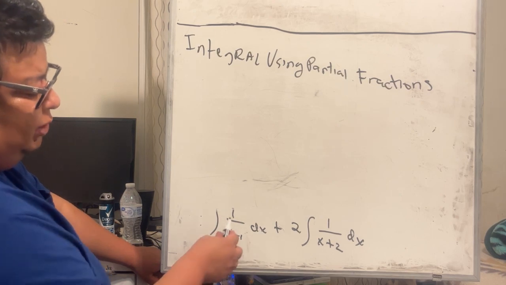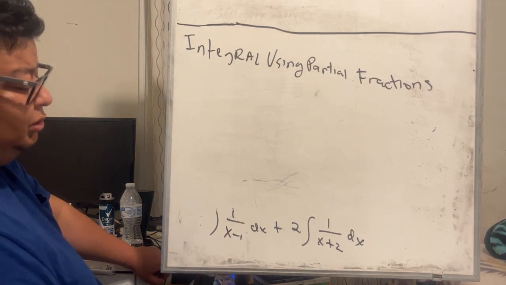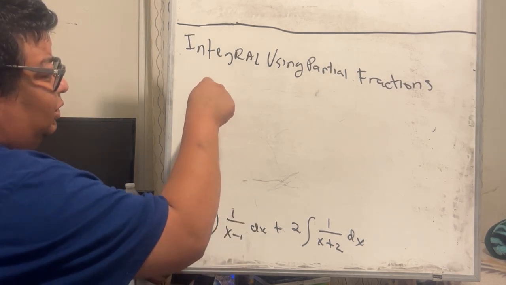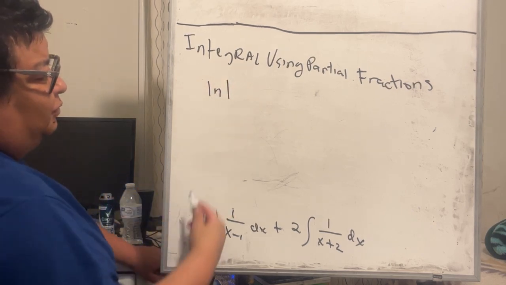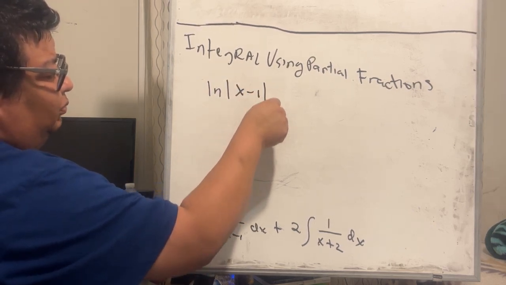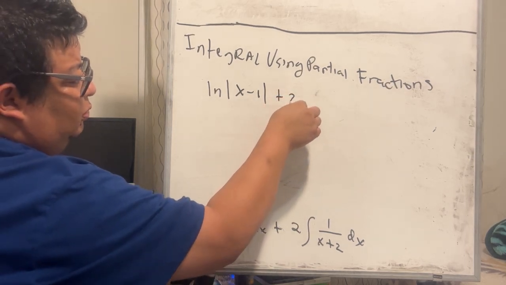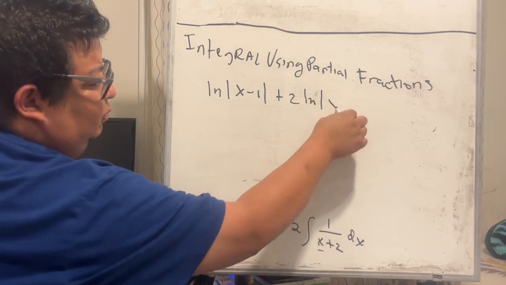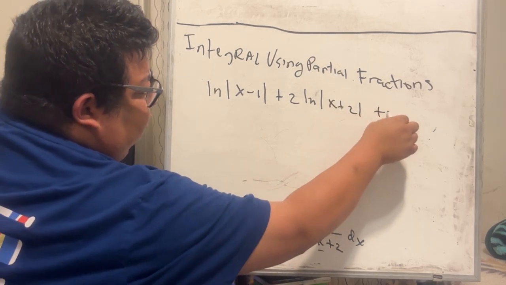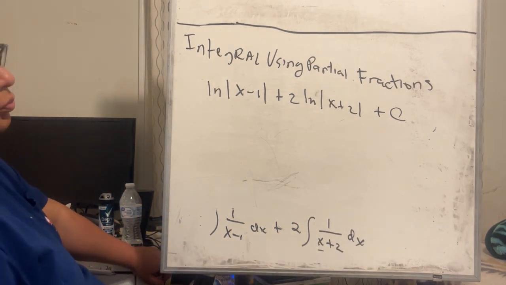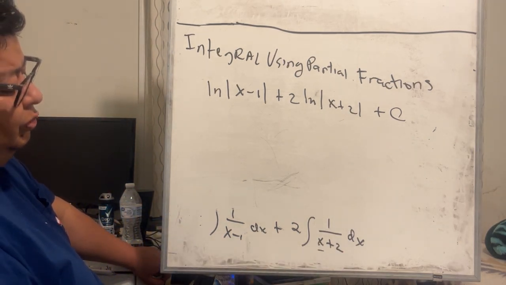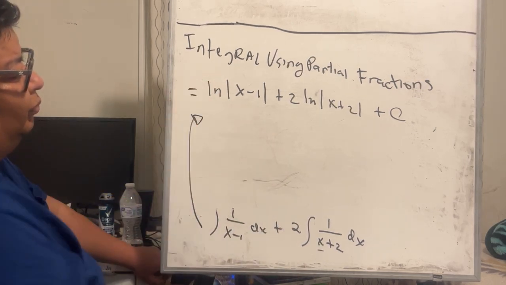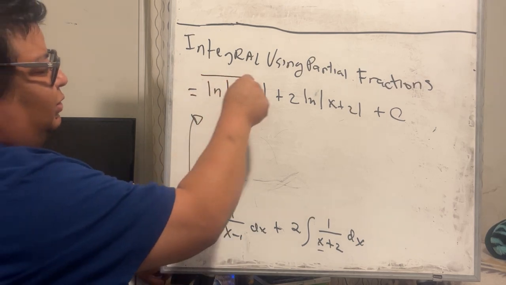The first integral, 1 over x minus 1, we're going to do the antiderivative, and the antiderivative says that 1 over x minus 1 becomes ln of absolute value of x minus 1 plus 2 ln absolute value of x plus 2 plus C. So from here we get to here, and this will be our final answer.